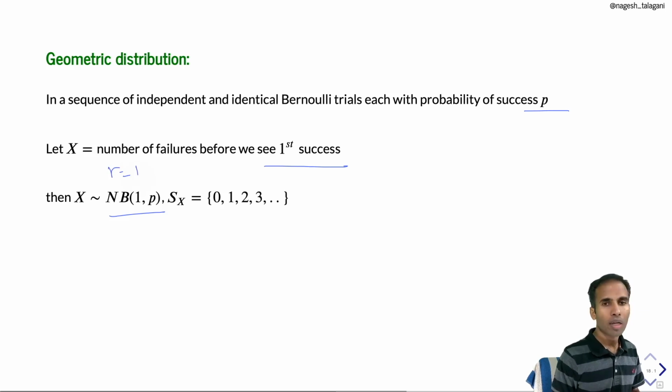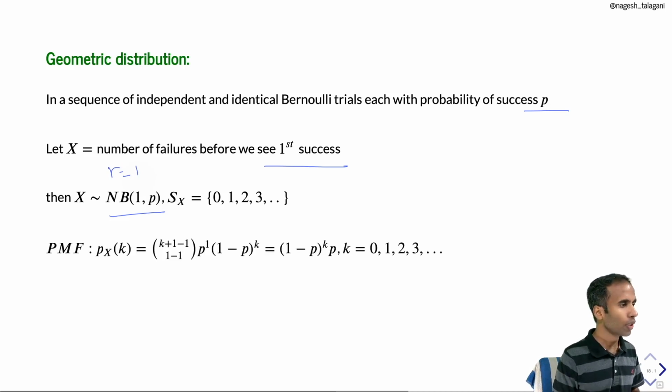Fine. Now let's write down the PMF of X as the PMF of the negative binomial distribution for r equal to 1. So immediately we can write down the PMF of X, P_X(k), as (k plus 1 minus 1 choose 1 minus 1), that is something choose 0, which is 1, times p^1 (1 minus p)^k.